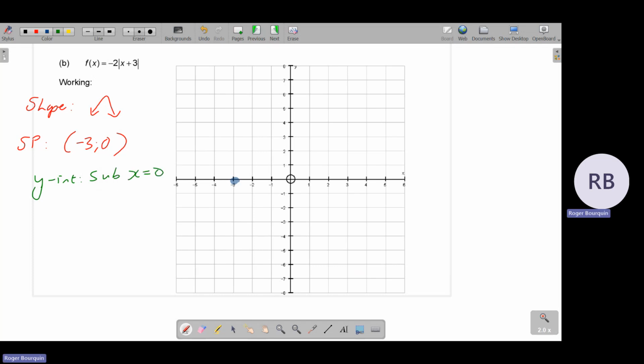So what happens? We get y equals -2 times the absolute value of 0 plus 3.